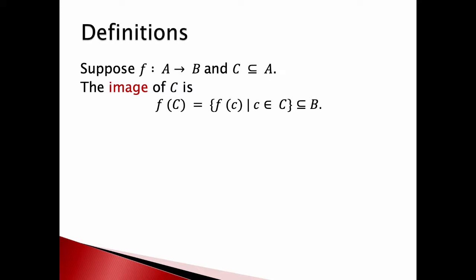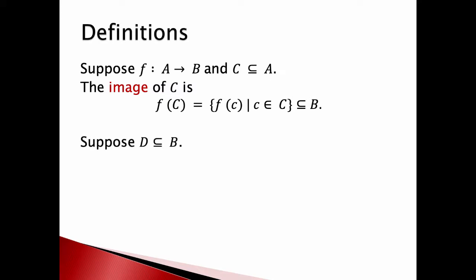Okay, so what's really going on here is we're abusing notation by using f of capital C to denote a set, and we'll call that the image of C. And what it is, it's the subset of B that consists of f of little c, where little c is an element of capital C. So you can sort of imagine this as plugging the entire set C into the function and all the possible outputs that we get from that. We call that the image.